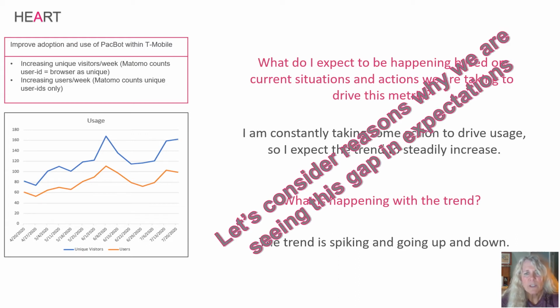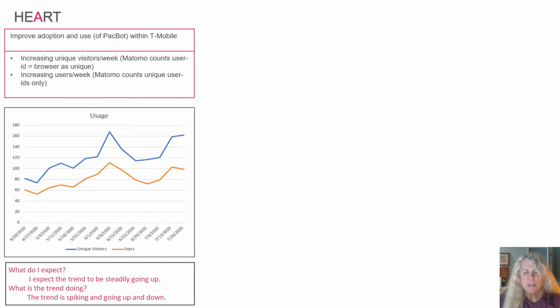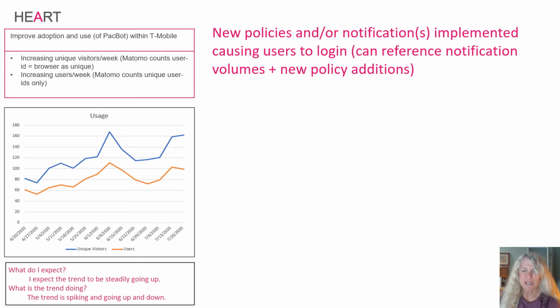So the next thing that we do is we go and we consider what are the reasons behind spikes and troughs in the metric. So let's go look at those. With this metric, we got together as a team and we brainstormed on what are all of the things that could be driving this metric up or down. And one of the things that came up that was key was that this team is constantly introducing new policies and new notifications.